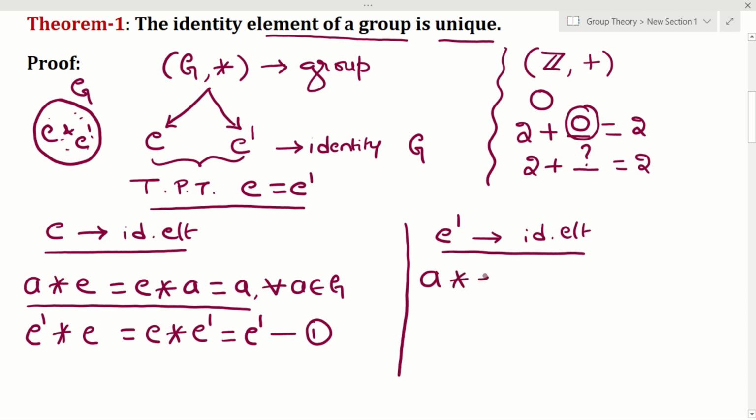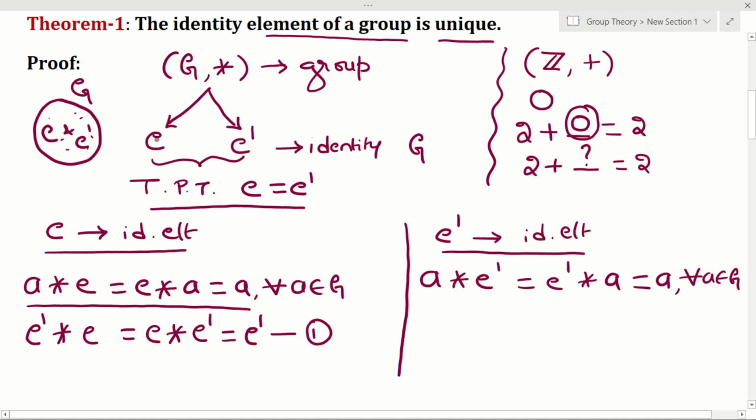A star E dash is equal to E dash star A is equal to A. Again, this is true for all A belongs to G. Again, E is one of the elements of G. Therefore, we get E star E dash is equal to E dash star E, and I should get the same element, that is E. We shall consider this as equation number 2.